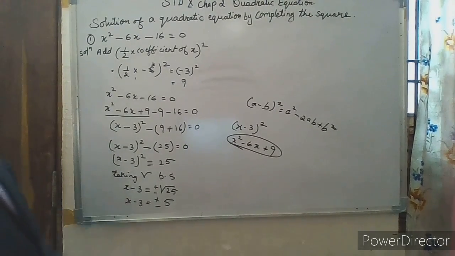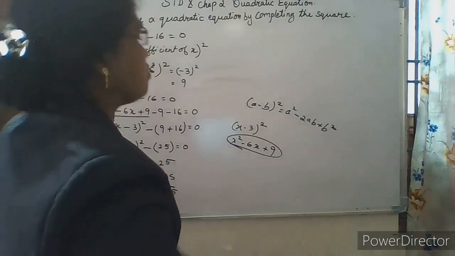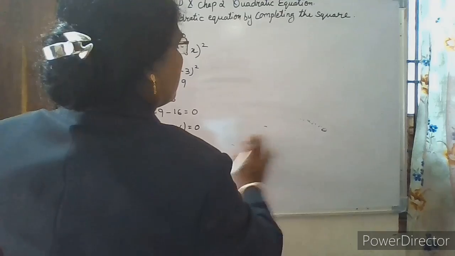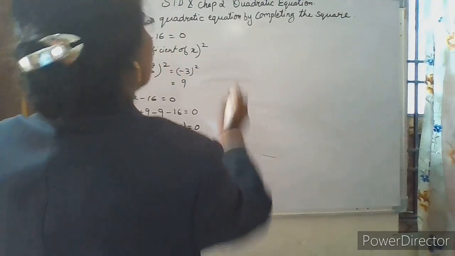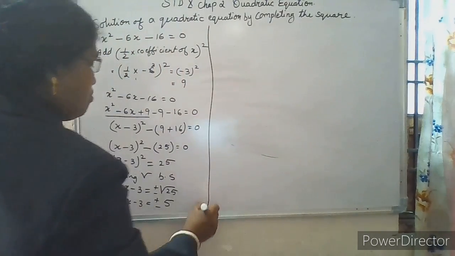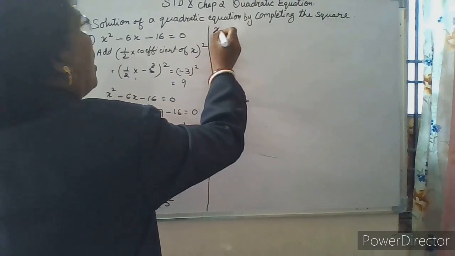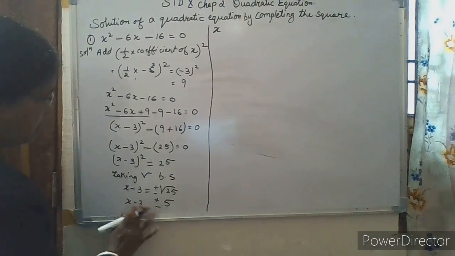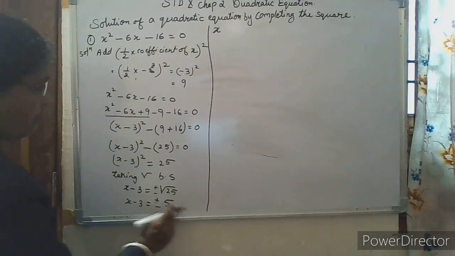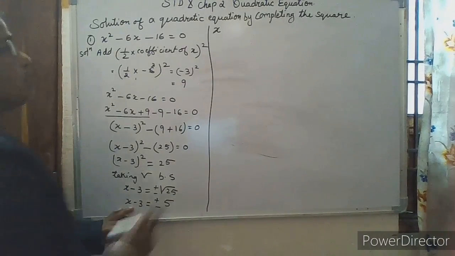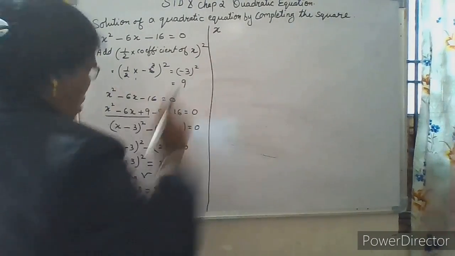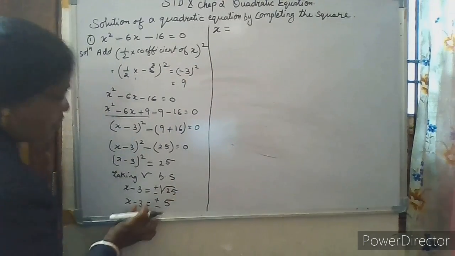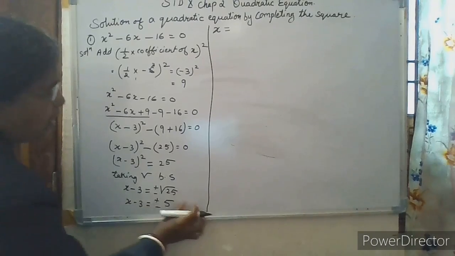Now we will find the x value. Children, be careful. Generally when we shift this 3, it is written at the end.